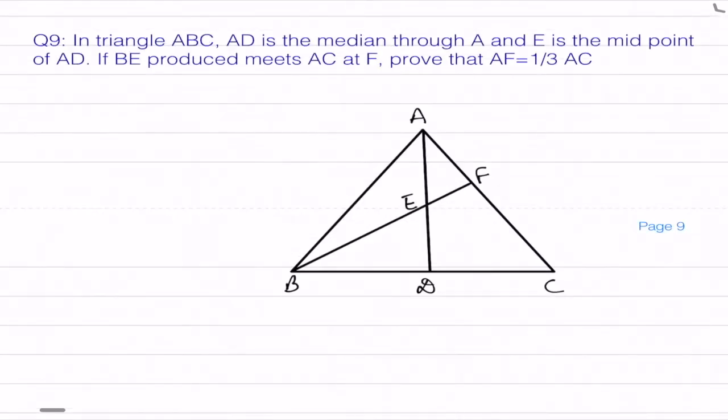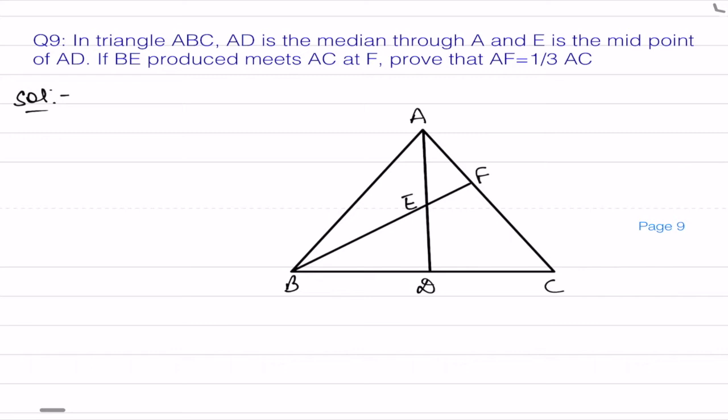Next question is question number 9. In triangle ABC, AD is the median through A and E is the midpoint of AD. If BE produced meets AC at F, prove that AF is 1/3 of AC. So, children, you can see in the figure AD is the median.